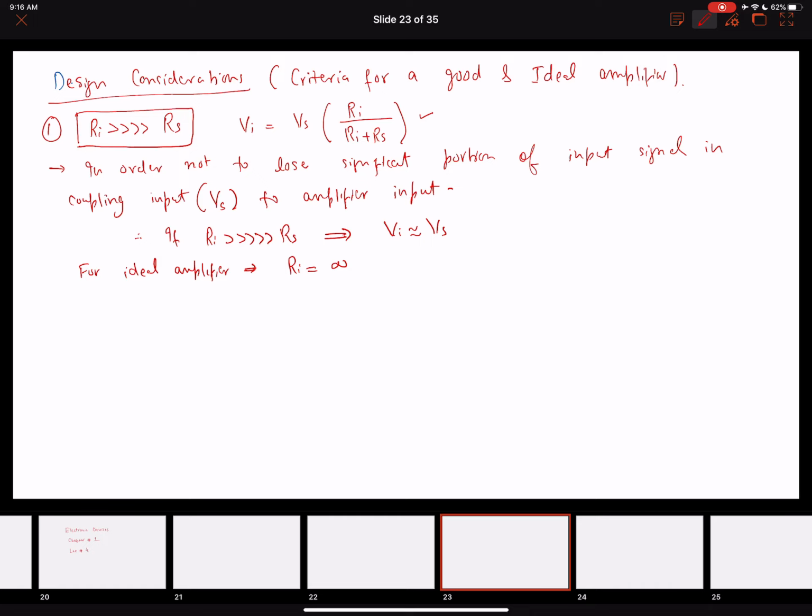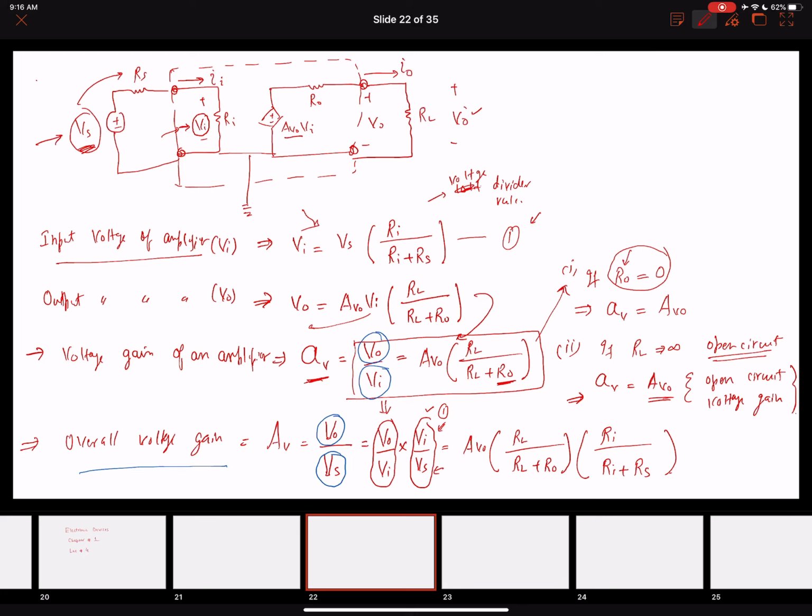Right? So what we want is, again, let me tell this again, that we had two resistances at the input. Looking at the circuit again over here, one is a source resistance, one is an input resistance of the amplifier. So that is under the dotted rectangle.